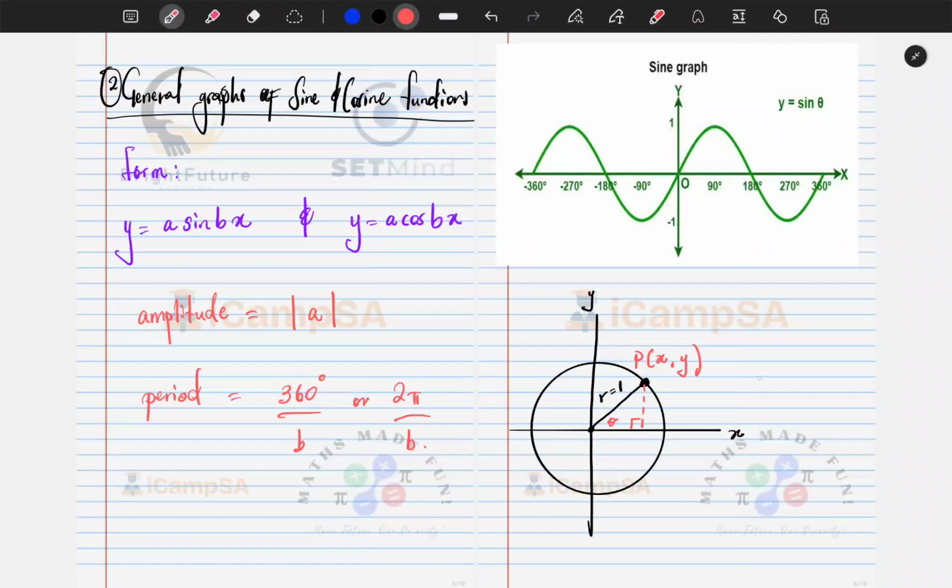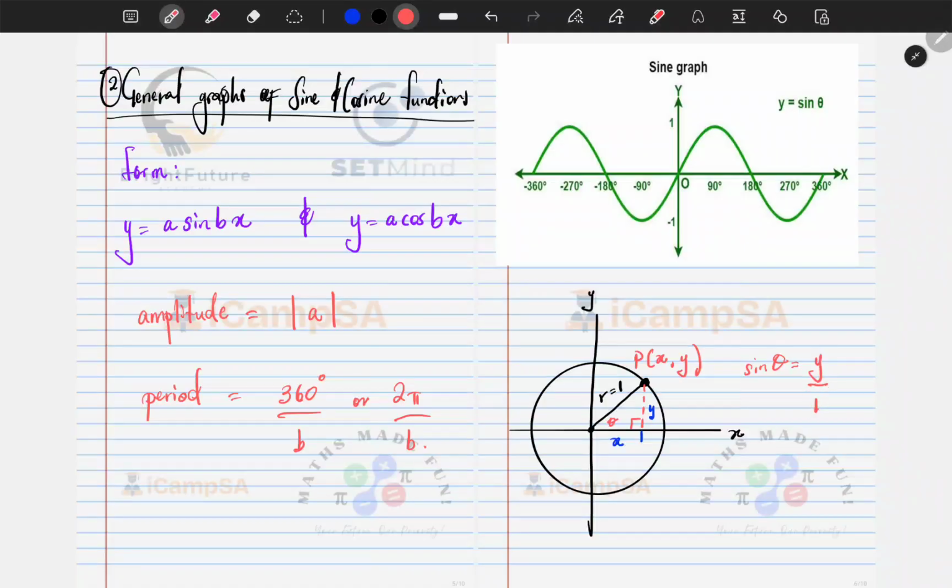Your trigonometric ratio would say sine of theta is equal to what? Opposite over hypotenuse. So this would have been y, and then this was going to be x.